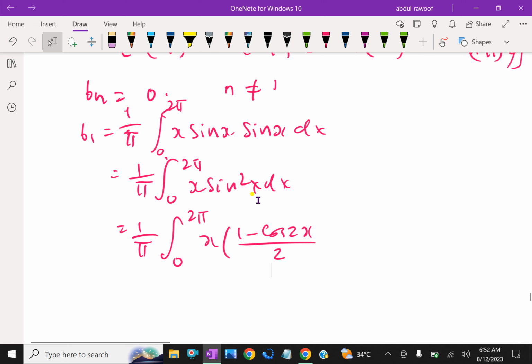That is, sin squared x is 1 minus cos 2x by 2, and dx.